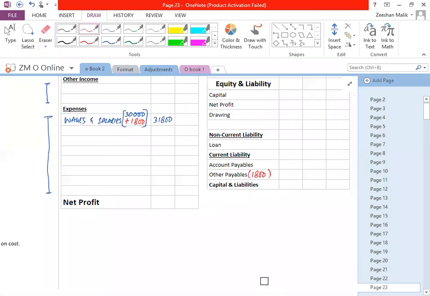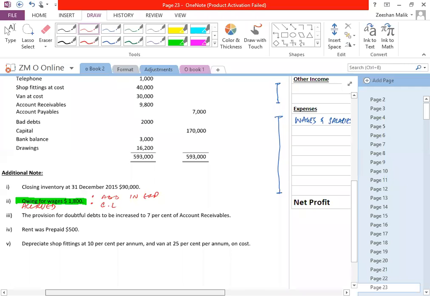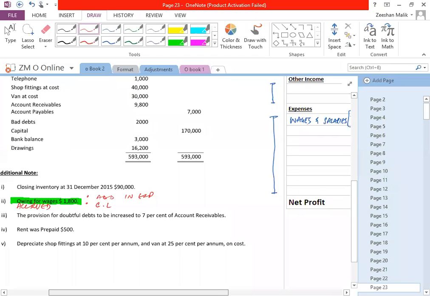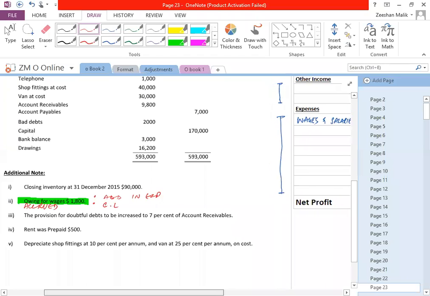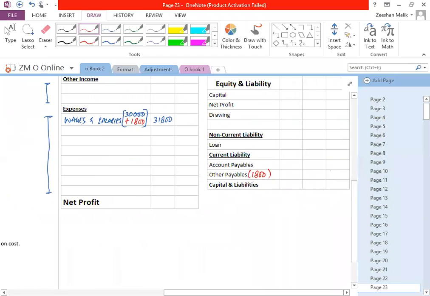Agreed. There is no other current liability. There may be more than one accrued, so they will be added. But right now there is only one accrued expense, one other payable. So I can drag it here in the last column also. There is only one other payable in the question; if there were more than one, I would add them here.